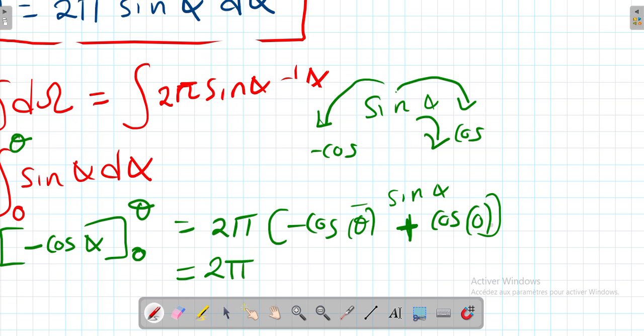So cos 0, you should know cos 0. You can put it on a calculator, and whenever you are using a calculator, put it in radians. For those that don't know, you can check somewhere how to put your calculator in radians. So cos 0 will be 1. 1 minus cos theta, this theta is not specified, so you just leave it the way it is, because you don't know the exact theta.